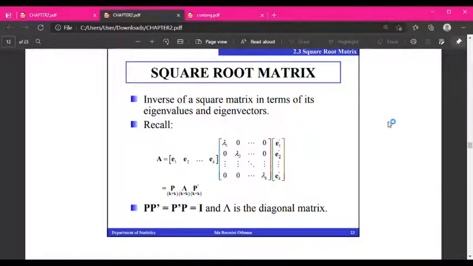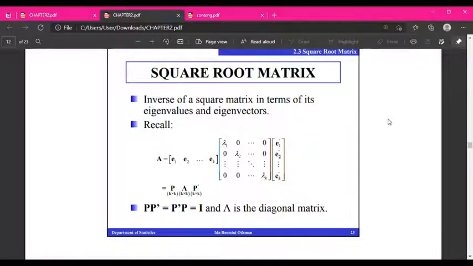Okay, so first of all, you should know about the definition of matrix A. Matrix A, as before, is the same as the spectral decomposition, right?